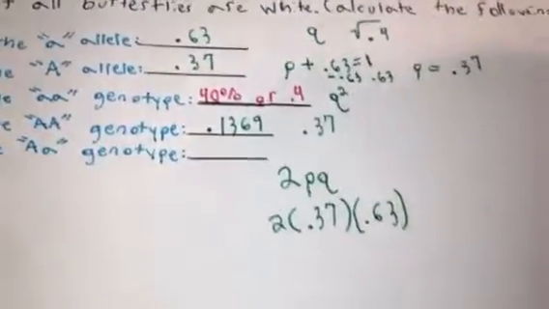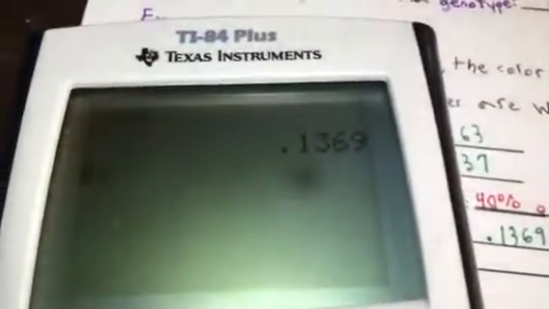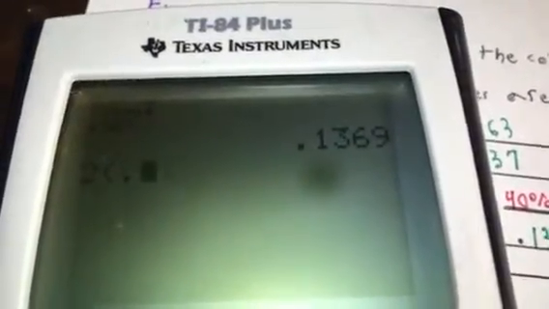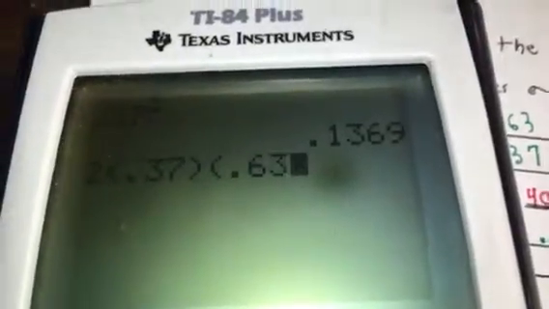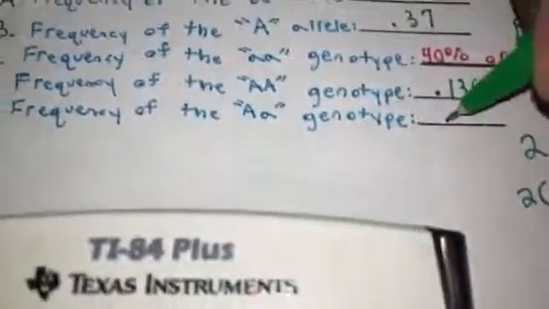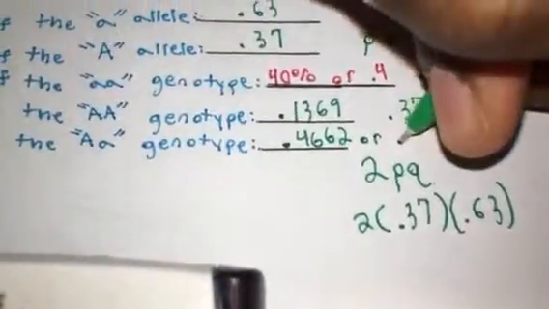So all you have to do is type it into your calculator and it'll give you the exact answer. So 2 times 0.37 times 0.63, and you get your answer for the frequency of the heterozygous genotype, which is 0.4662, or you can round it to 0.47.